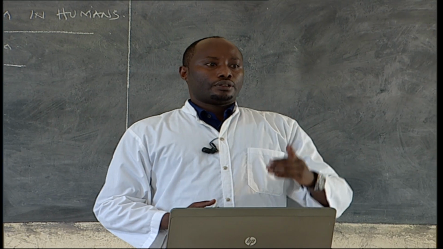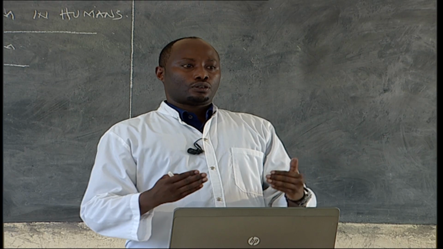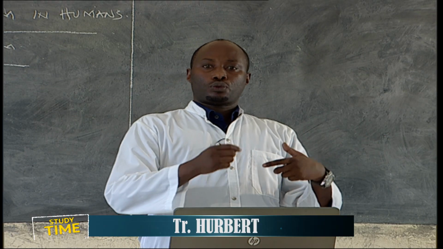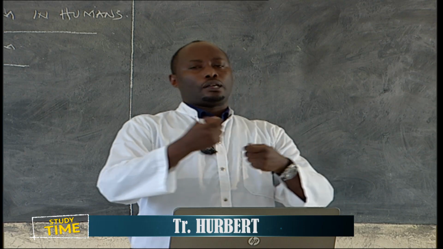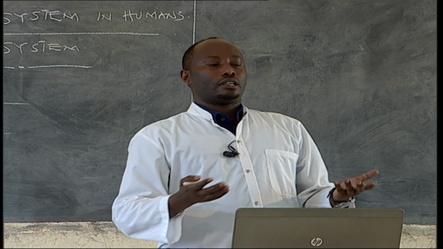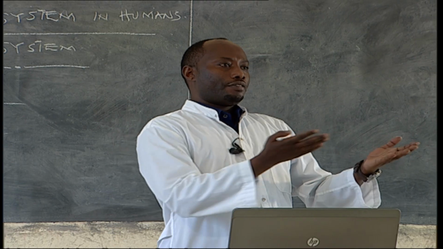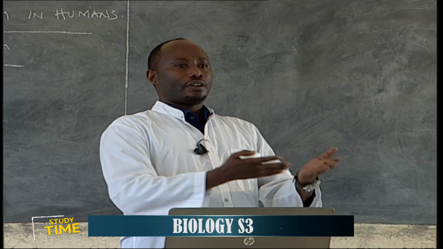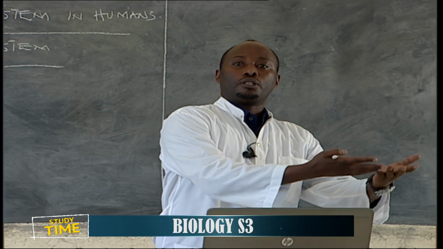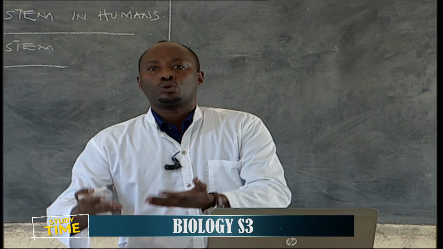They also have swellings along their lengths called lymph nodes. These lymph nodes are located in very many parts of our body, and they contain what we call lymphocytes. We have our immune system. Lymphocytes produce antibodies. And what do antibodies do to our body?